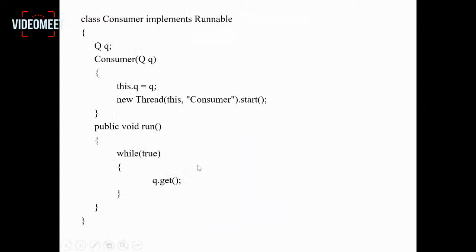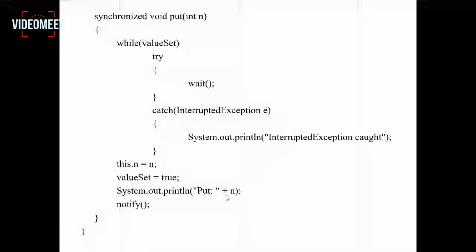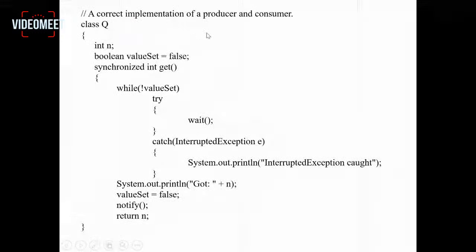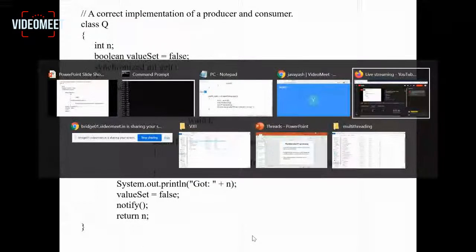The consumer is calling the get method in the while loop in its run method, so q.get returns here. First, let me copy this program and run this, and then I'll explain how the execution will go.